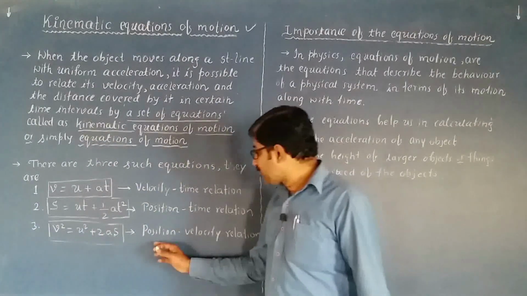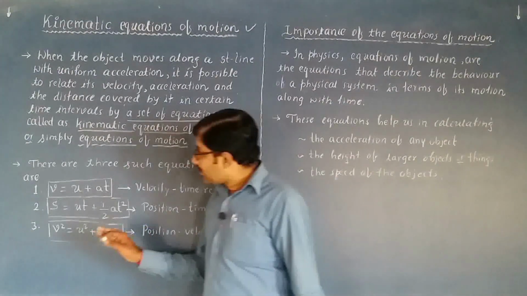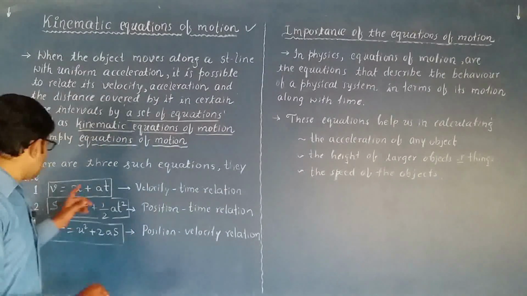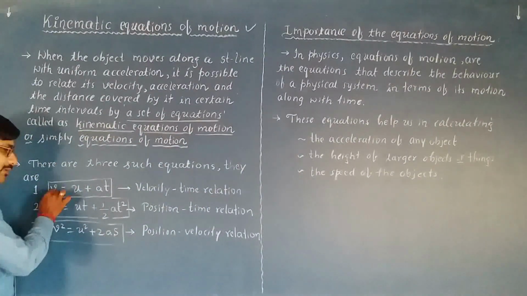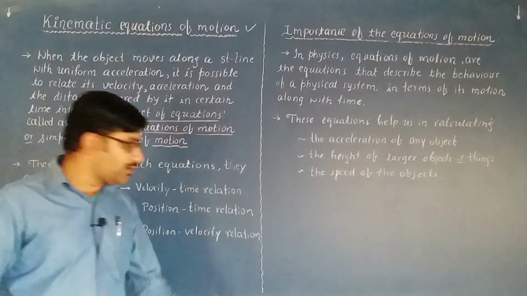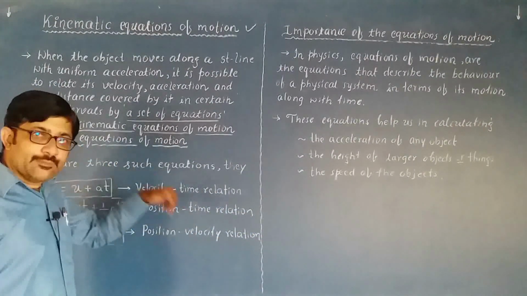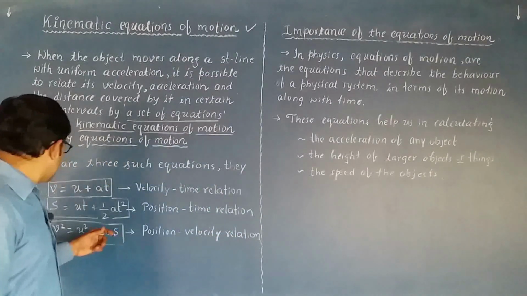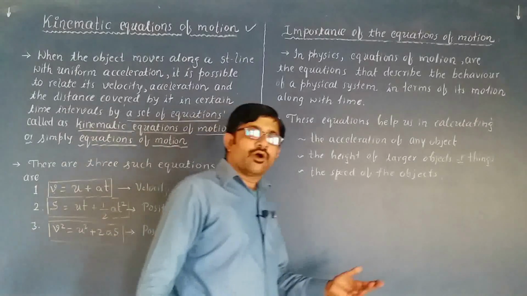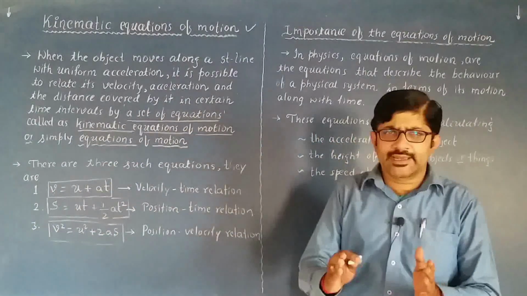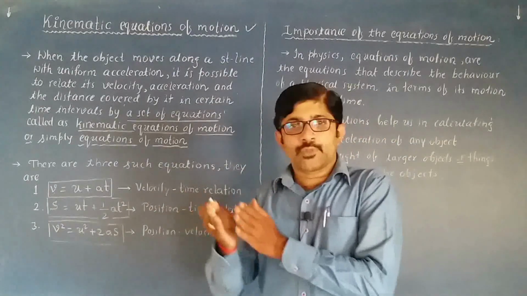That is known as the position velocity relation, where U is taken as the initial velocity of the object, V the final velocity of the object, A the acceleration, T the time, and S the distance or displacement, or you may take any height or any length of the object.